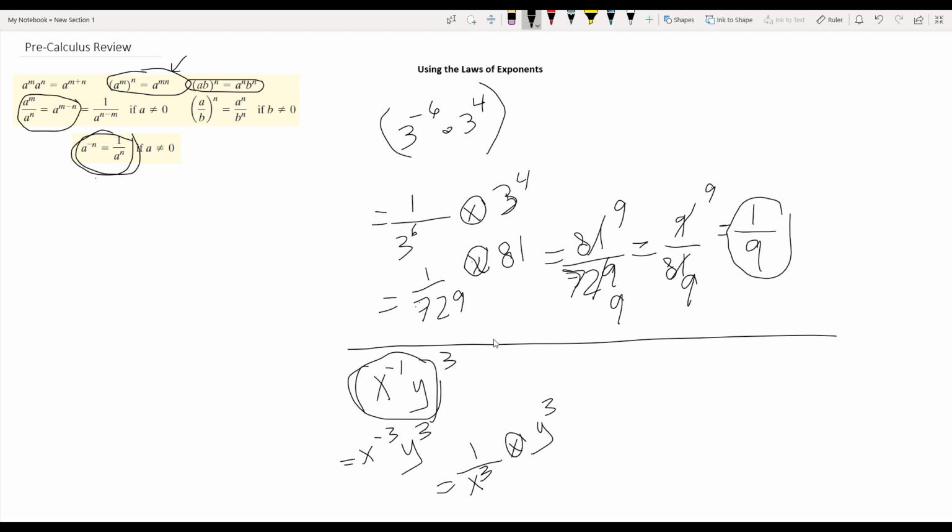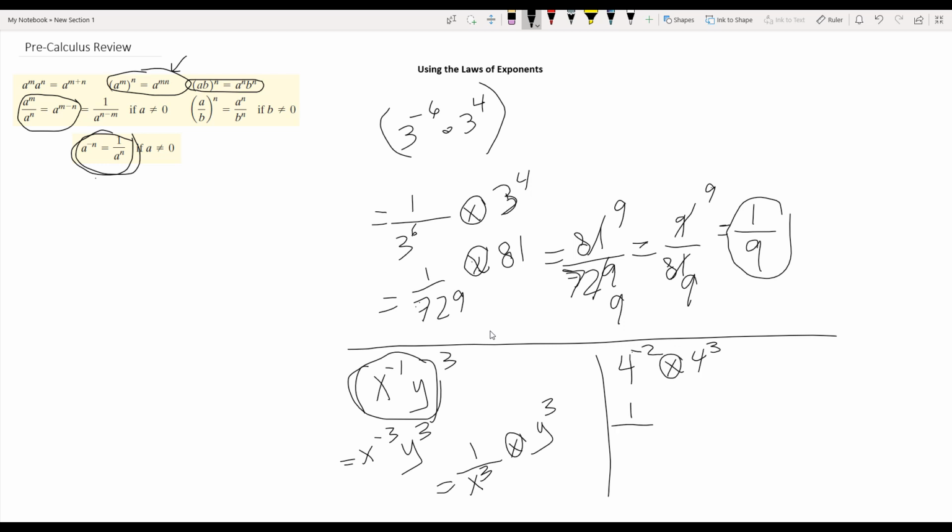As simple as that. Okay, let's do another one here. What is 4 to the negative 2 times 4 to the 3rd power?